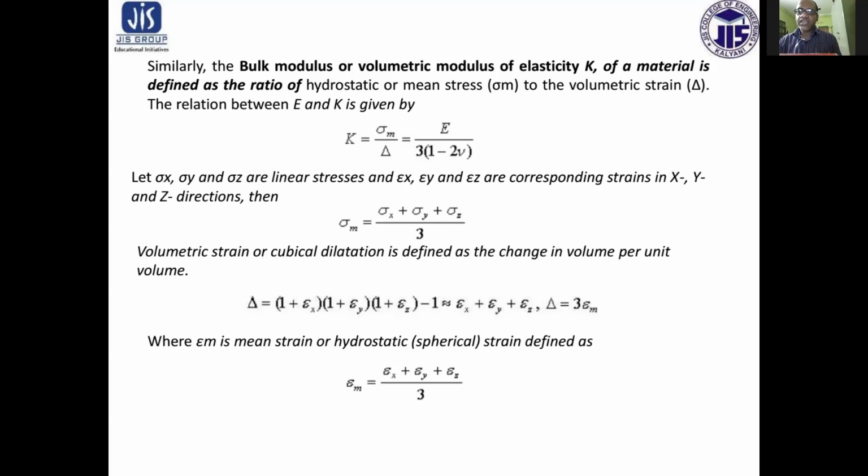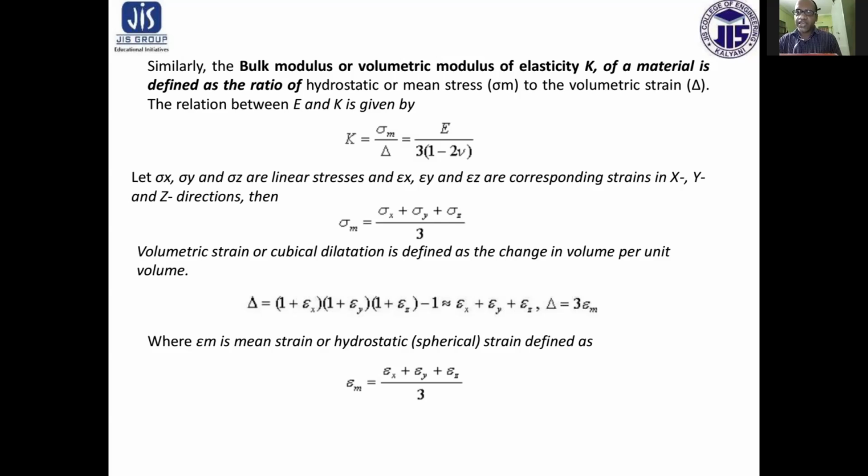dilatation, is defined as the change in volume per unit volume. So that is delta equal to (1 plus Ex)(1 plus Ey)(1 plus Ez) minus 1, which is roughly equal to Ex plus Ey plus Ez.